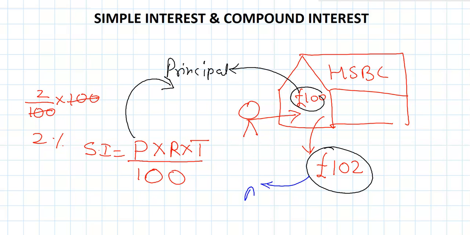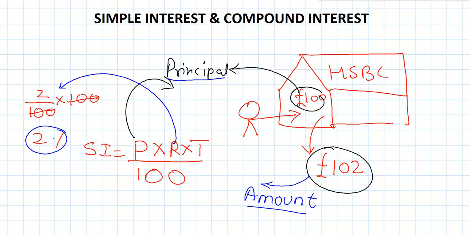So principal, amount, rate we have just found, 2%. And T stands for time. So simple interest is PRT over 100: principal times rate times time divided by 100.